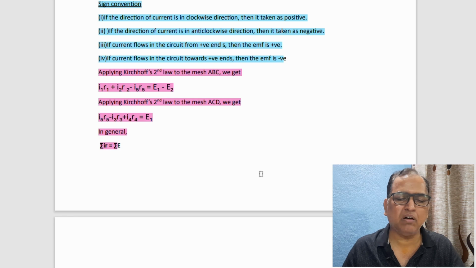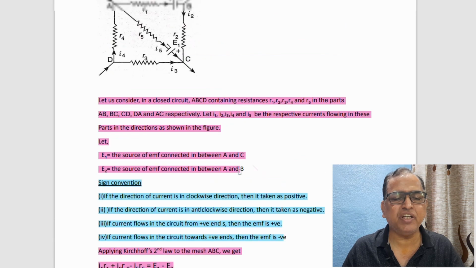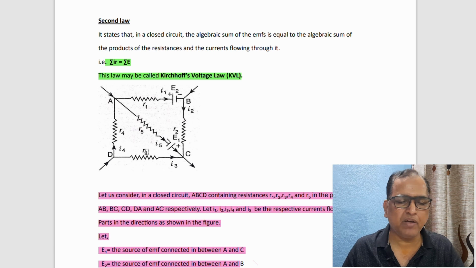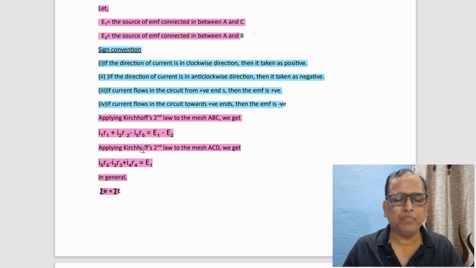Applying Kirchhoff's second law to the mesh ACD, I5 R5 minus I3 R3 plus I4 R4 is equal to E1. In general, summation IR is equal to summation E.